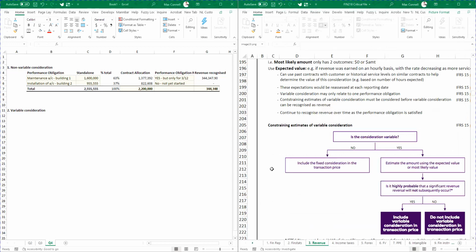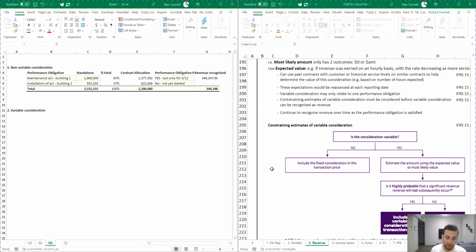On that basis, if they are going to use the most likely outcome, they should constrain their estimates, because it is probable that a significant revenue reversal will occur.